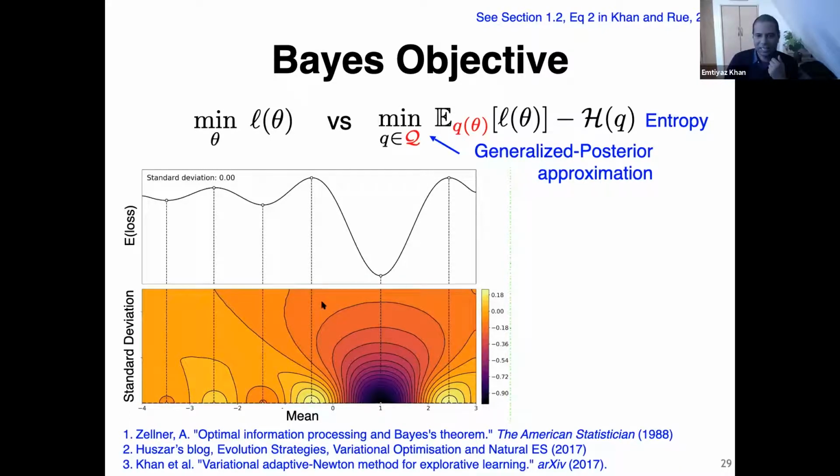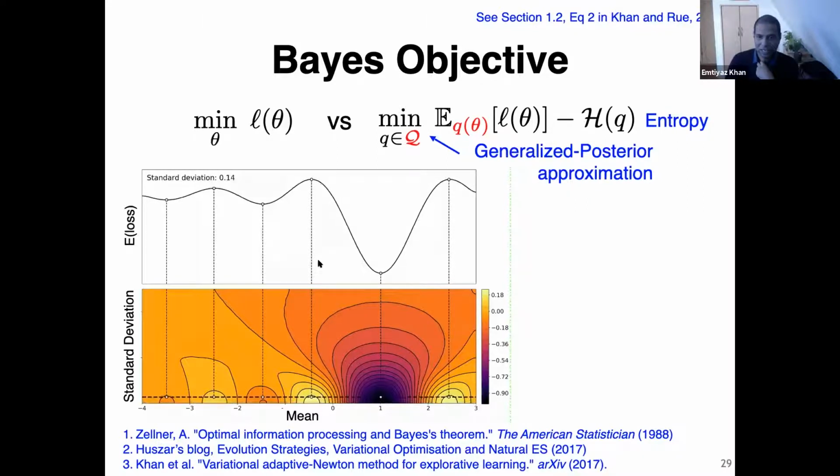What you need to understand is that if I let the standard deviation be 0, which is the Dirac delta distribution, then the expected loss goes back to the original loss. That's what I'm showing you here.